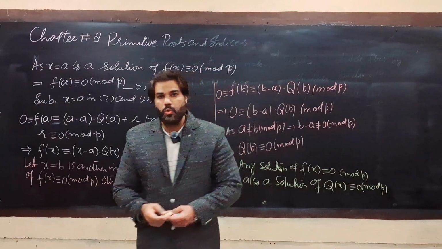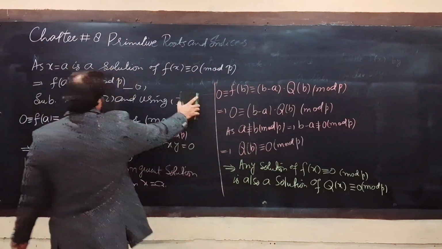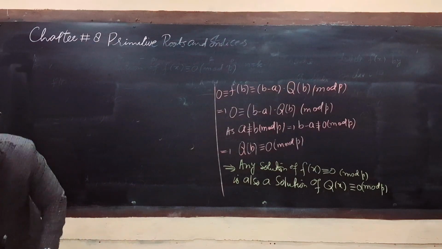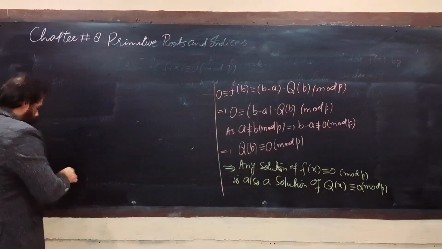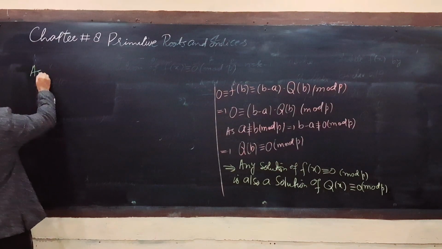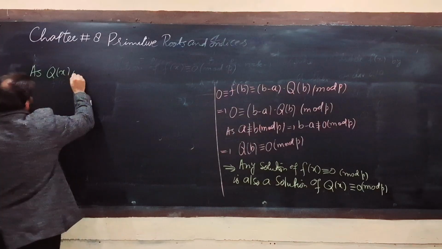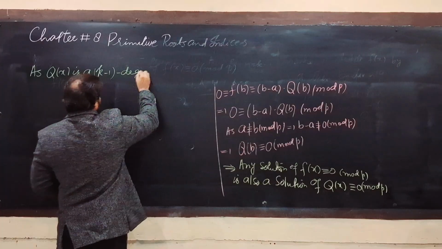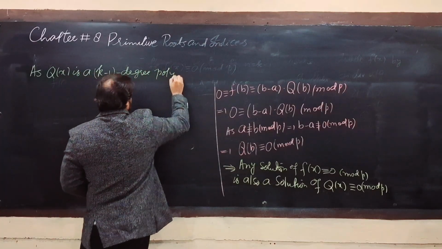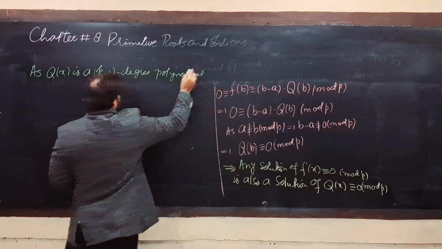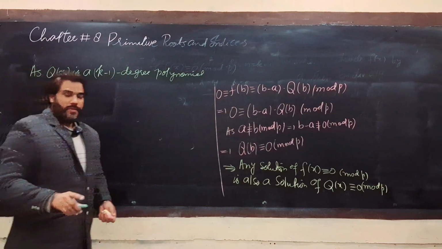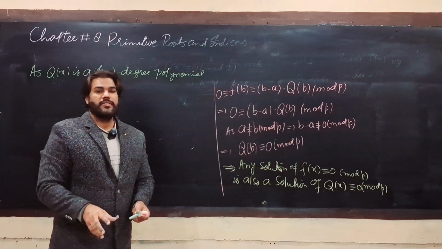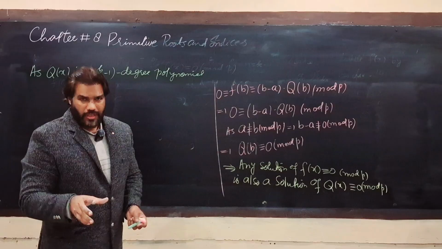Now, what was the degree of q of x? The degree of q of x is k minus 1, as q of x is a k minus 1 degree polynomial, and we have assumed that in the inductive step any k minus 1 degree polynomial has at most k minus 1 incongruent solutions.